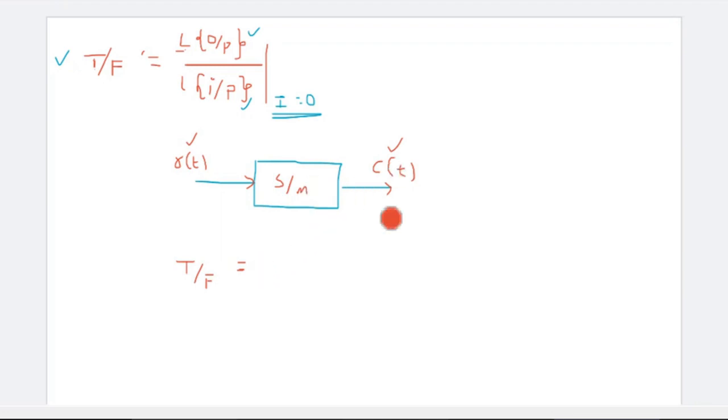So the transfer function for this block diagram is given as the Laplace transform of output, that is nothing but C of t, by the Laplace transform of input, that is R of t. What's the Laplace transform of C of t?